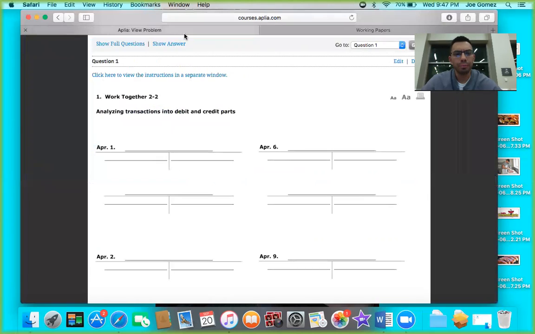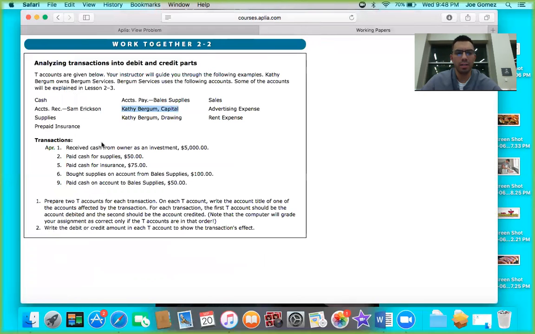All right, so in order to make sure this works, I've got to translate that transaction into these T's. Now, the way that Applia does this is they want the account that's going to have the normal debit balance listed first. When I dissect the transaction, I know that cash and the capital are my affected accounts.